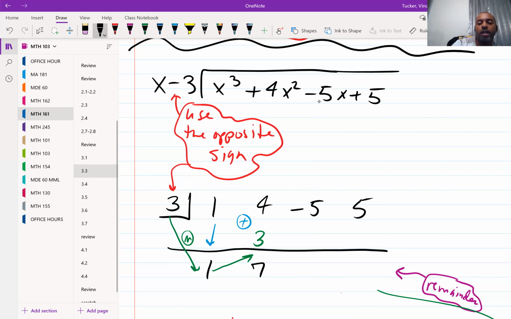That'll be 7. And then you repeat that process. So then 3 times 7 will give you 21. Add these together. 16. 3 times 16 is 48. Add them together. And that'll be 53.